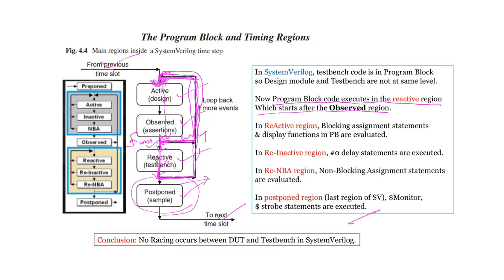So we can say now the module executes in the active and observed regions, and the program block executes between the reactive region and the postponed region, and final values are sampled in the postponed region. Due to that, we can confidently say there will be no racing between DUT and test bench, unlike in the case of Verilog.